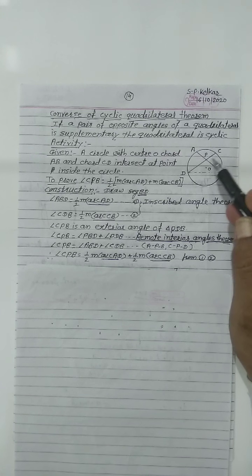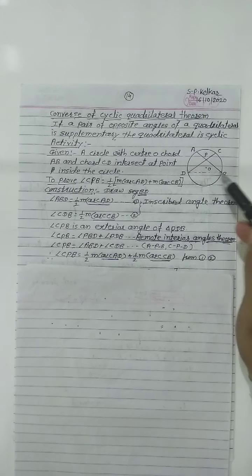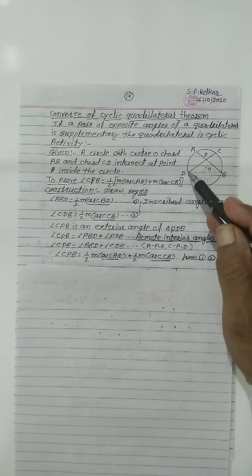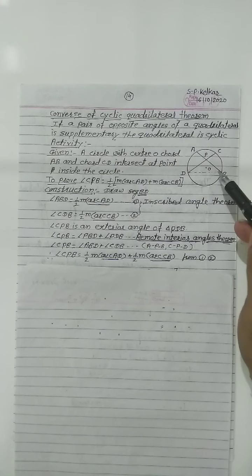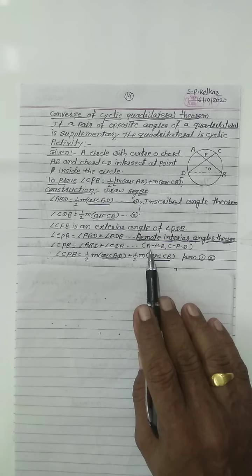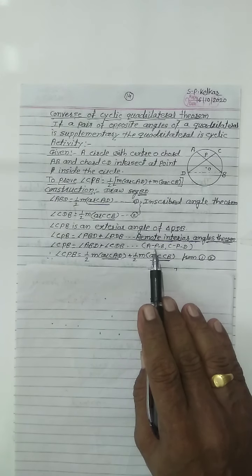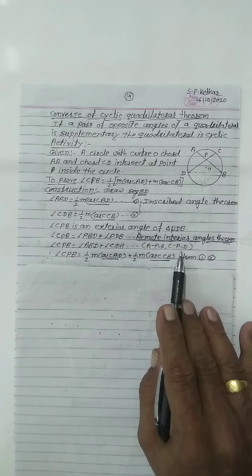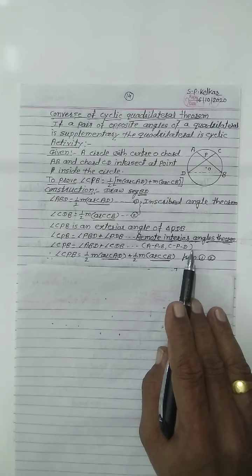Firstly we wrote PBD, but that angle is the same as ABD, the same angle with a different name. Similarly, PDB is the same as CDB, because A lies on PB and C lies on PD.